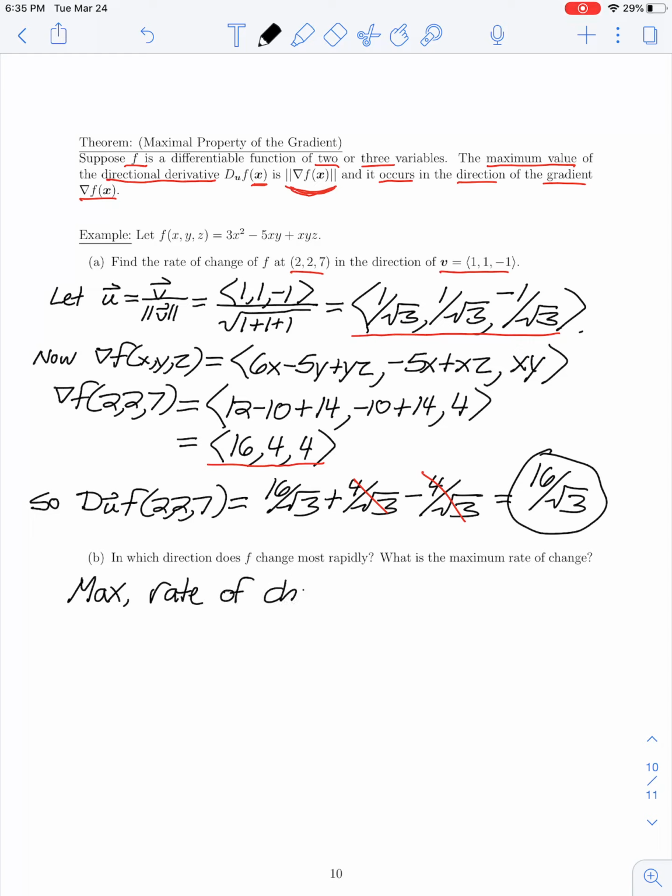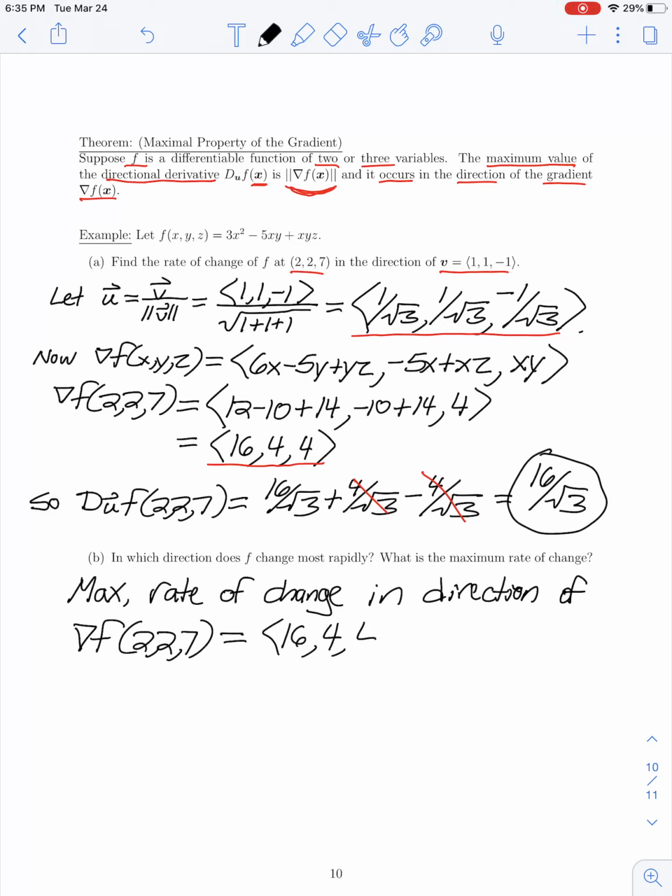So here we are going to have the max rate of change in the direction of our gradient vector, grad f, at the indicated point, 2, 2, 7, which from part A of the problem we found to be 16, 4, 4.